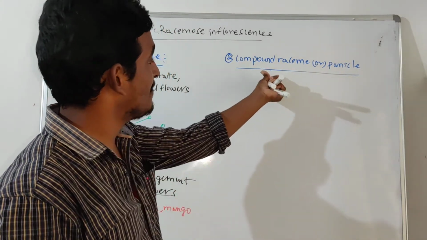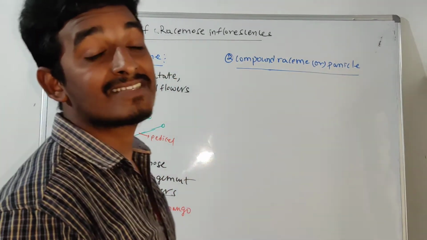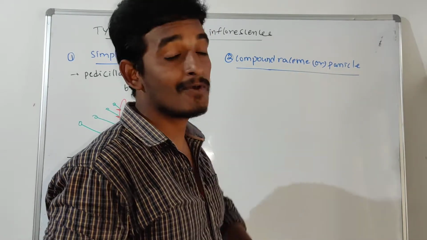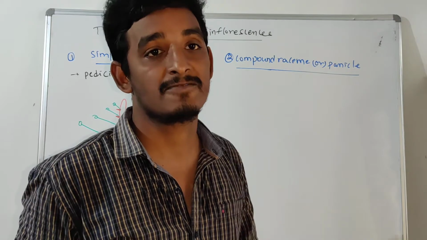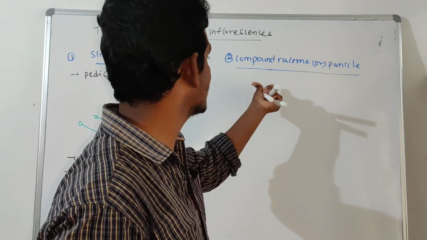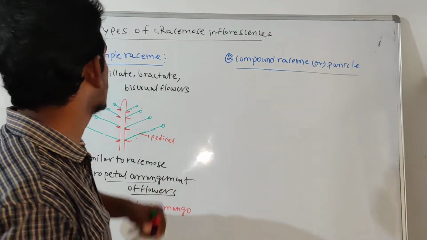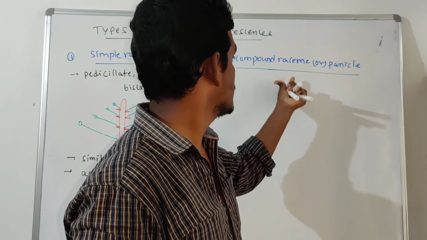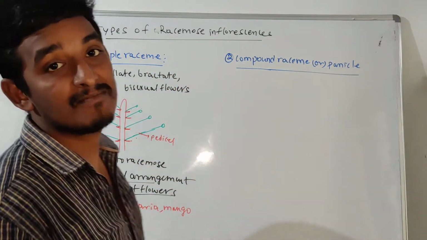Here the compound raceme inflorescence is similar to a simple raceme inflorescence. But here it produces various branches, right? So the branching takes place in compound raceme inflorescence, and that is absent in a simple raceme inflorescence. Each branch in a compound raceme is similar to a simple raceme inflorescence.